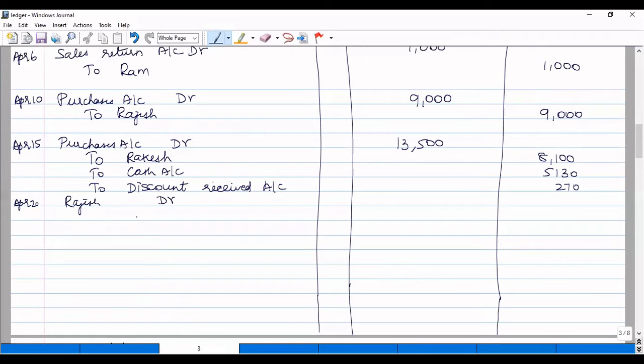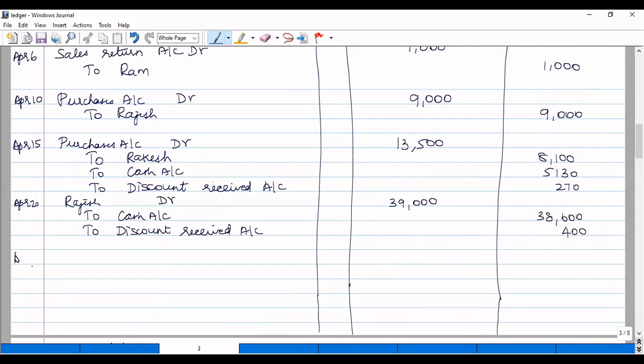So debit Rajesh account to cash, we have paid cash. So cash account is credited with the amount paid 38,600. Then what happened to the balance 400? It is the discount received. Okay, because we have paid on settlement, we have settled this account fully. So the difference in the amount is the discount received. Okay, so out of 39,000 we have paid 38,600 as a settlement and received 400 rupees as a discount.